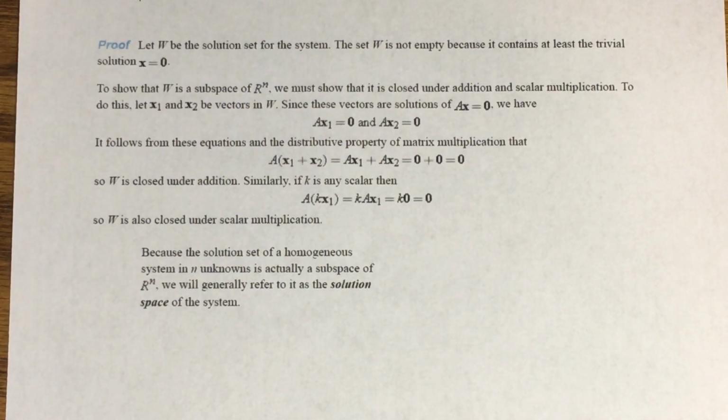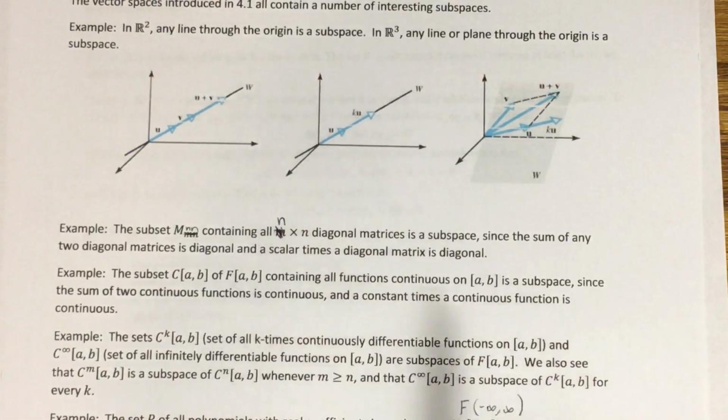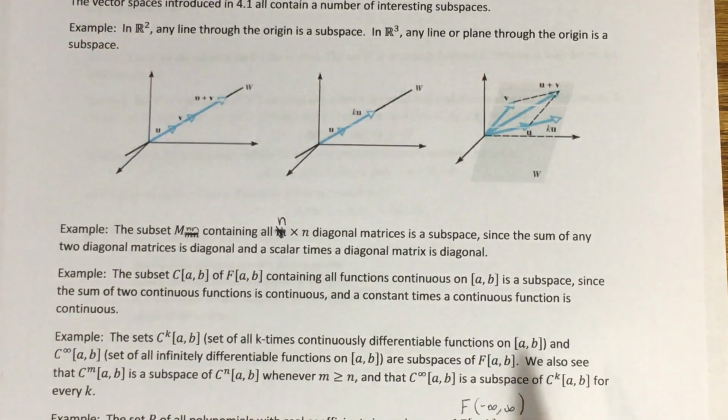Let's focus specifically on a 3x3 system, a system of equations in 3 unknowns and 3 variables. The solution space for a homogeneous linear system with 3 equations and 3 unknowns should be a subspace of R3, because that's where the solutions will live. Here, we showed what a couple of subspaces of R3 look like.